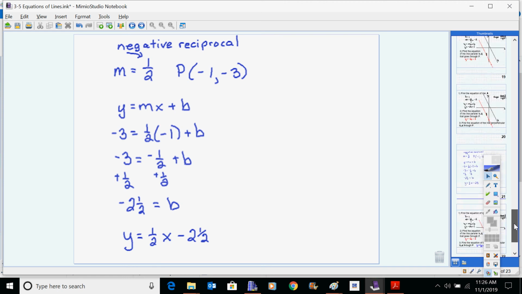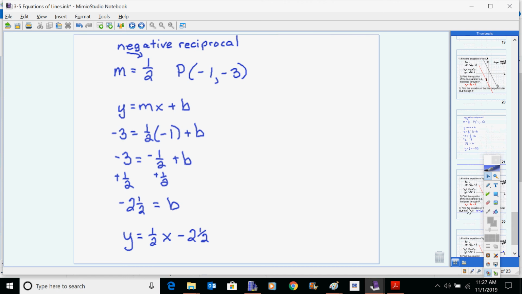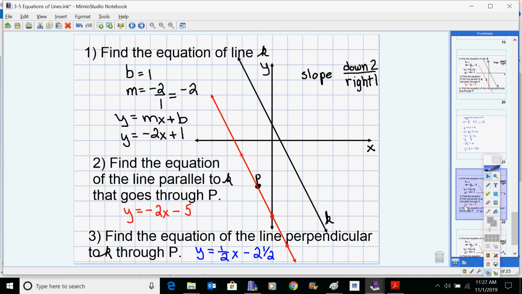All right, so let's take a look at what it looks like graphed. When I use y equals 1/2 x minus 2.5, you can go down 1, 2.5. And then you can go up 1 over 2 from that. Up 1 over 2. And it's going to land right here. Wait, Mr., can you check this for me?